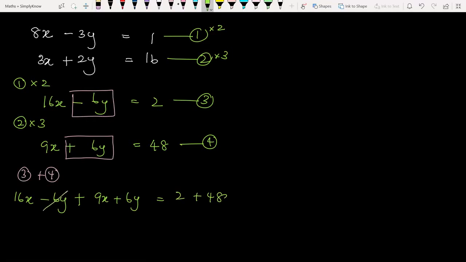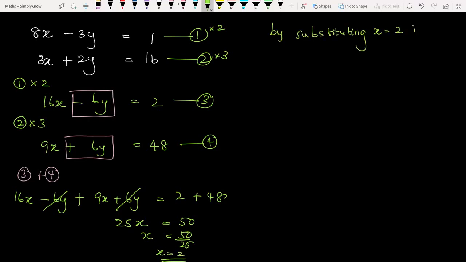Minus 6y and plus 6y, we can cancel each other. Then 16x plus 9x is 25x equals 2 plus 48 is 50. So x equals 50 divided by 25 and our x becomes 2.